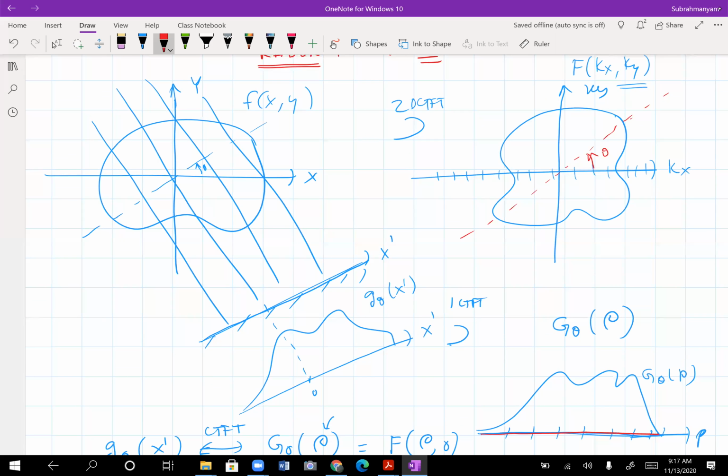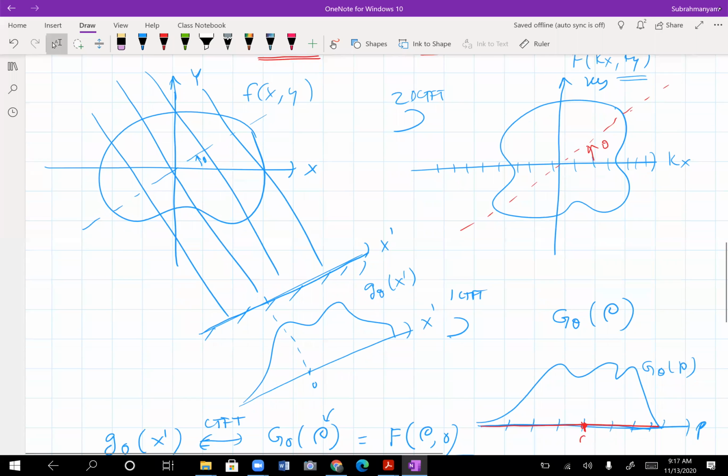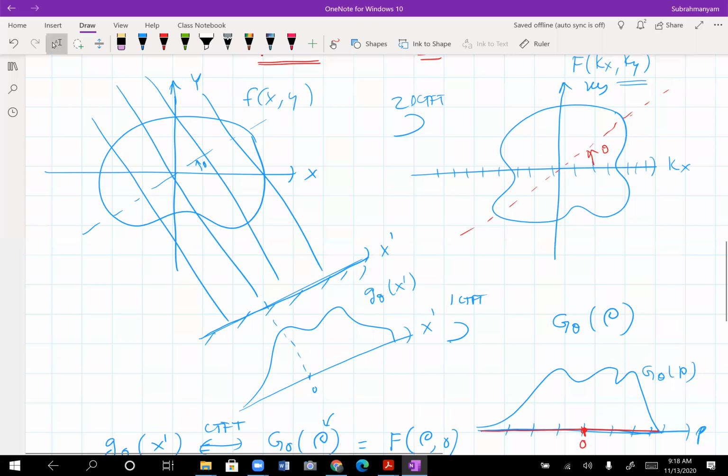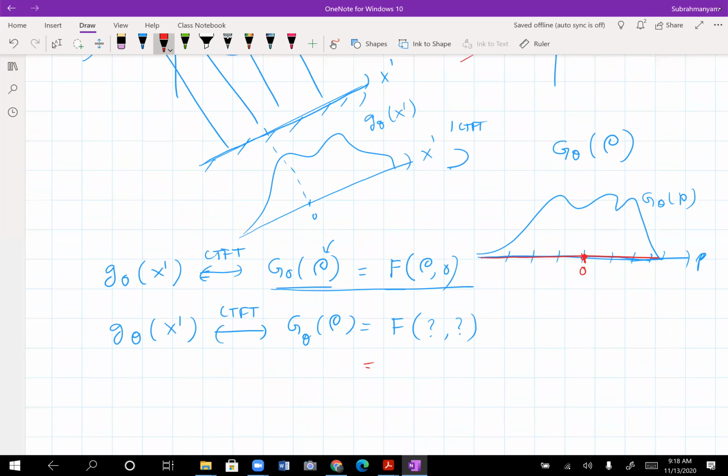This line would correspond to this line, but remember that this would be rotated across this 0. If it is 0, you just need to rotate it by theta here, and that would give you this, right? This would be your G theta of rho here. Okay, now you tell me, what should I write here? F of kx dash comma 0. Rho cos theta comma 0.